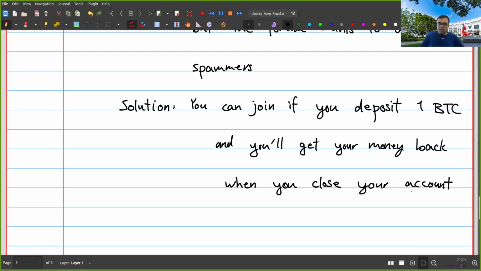They need to deposit a ton of money, and hopefully no one has that amount of money, or people who have that amount of money don't really care about spamming me, right? But now here's where things get much harder. This is the challenge. We want to do this in a trustless manner. So no one trusts anyone else.